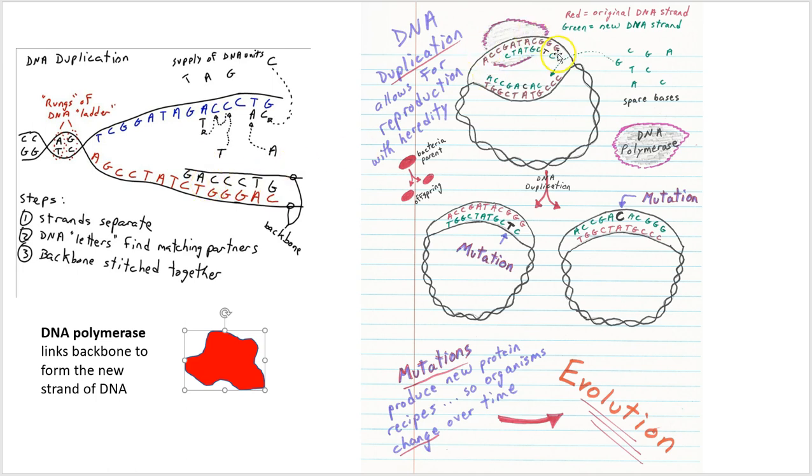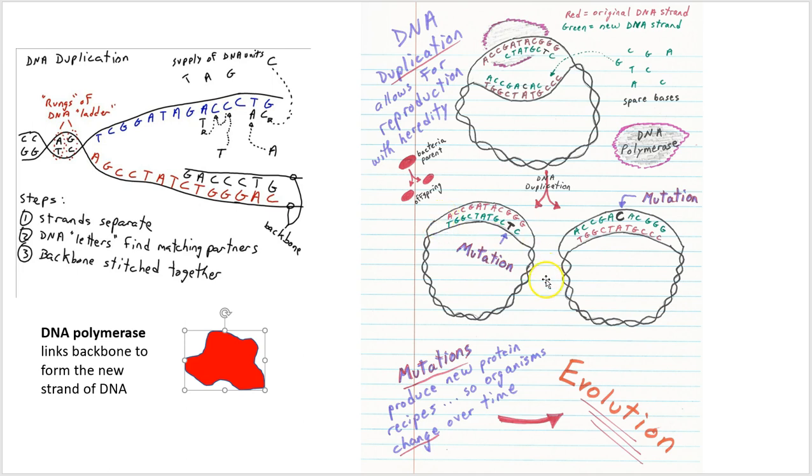Over here on the right, we see that the bacterial chromosome is a circular chromosome, and so we've drawn here the beginning of the duplication process. Again, DNA polymerase will link the DNA letters together to form the new strand up top here and the new strand on the bottom. And that means we're going to have identical DNA strands, and the duplication will continue all the way around each of the circular chromosomes.